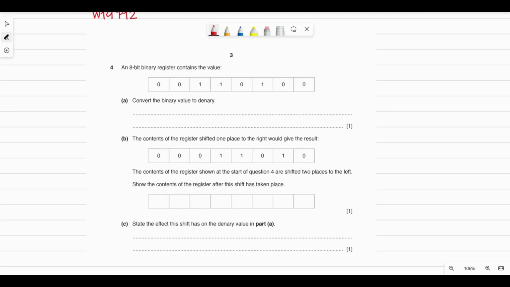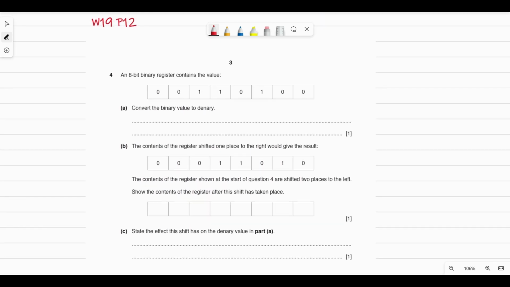Now we'll move towards the past paper. An 8-bit binary register contains this value. Convert the binary value to denary. So we'll use 1, 2, 4, 8, 16, 32. 32 plus 10 is 42, 42 plus 6 is 48, 48 plus 4 is 52.